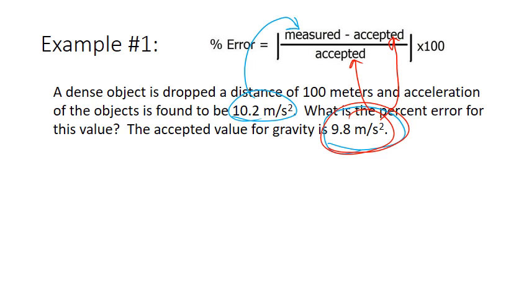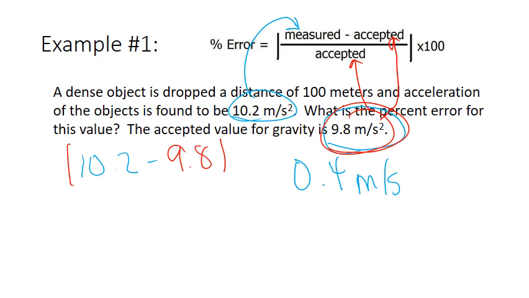So your percent error is going to be 10.2 minus 9.8. Take the absolute value of that, and you get 0.4. The units actually cancel each other, because when you do 10.2 meters per second squared minus 9.8 meters per second squared, you get 0.4 meters per second squared.